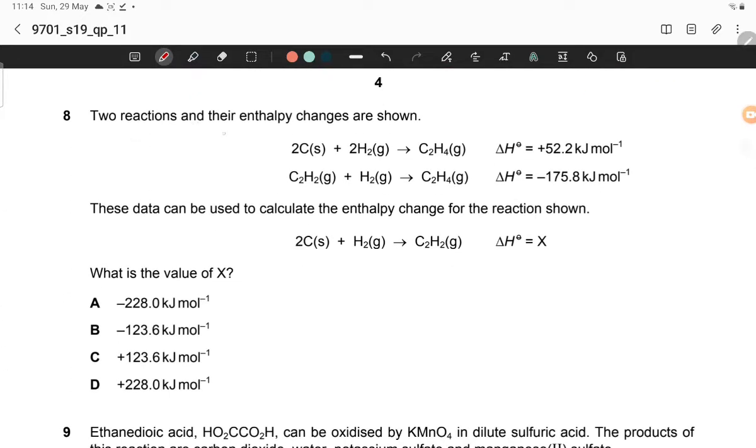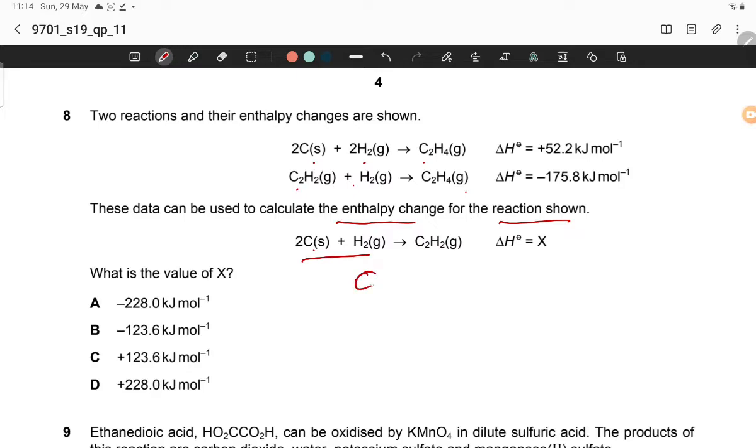Two reactions and their enthalpy changes are shown. Carbon plus hydrogen to form C2H4, and C2H2 plus H2 to form C2H4. These data can be used to calculate the enthalpy change for the reaction shown: carbon to form C2H2.